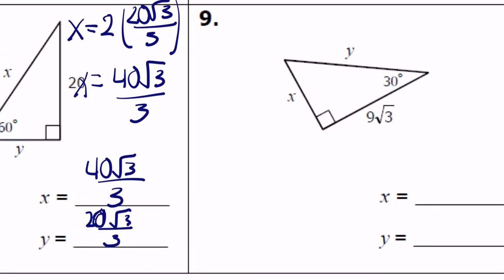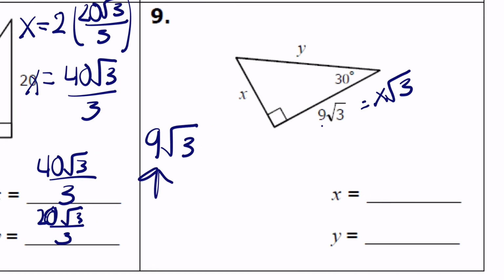I want to just briefly look at number 9. Once again, we're not given our shorter leg like we need, but we're given the longer leg. And it's in this nifty form, already written 9 square root of 3. Since our longer leg is equal to x square root of 3, all that means is that x is 9.